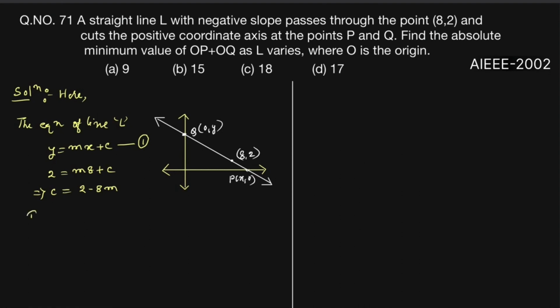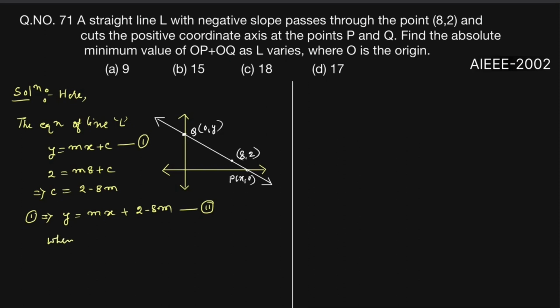Therefore, equation 1 implies that y equals mx plus, in the place of c, we are able to write 2 minus 8m. This we take as equation number 2.